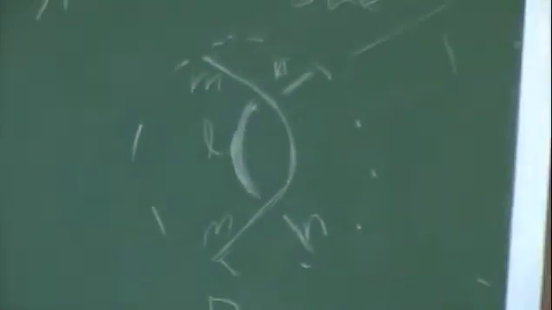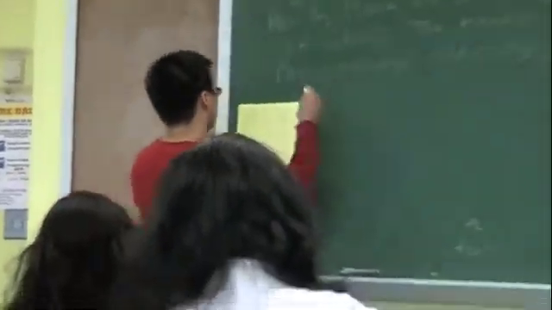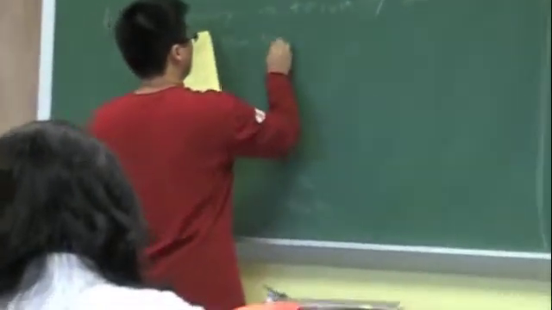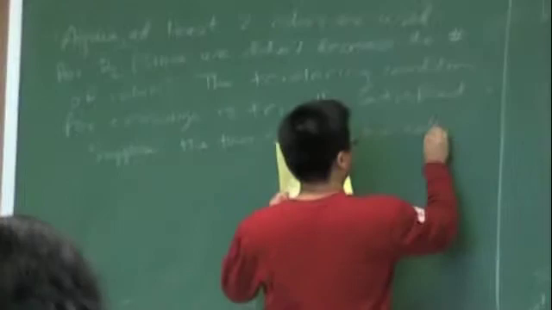At some point you realize while doing this that all the choices are sort of forced to some extent. And if it doesn't work, you're screwed. And if it works, then you're not. So suppose the two strands are colored differently. I'll make this brief and just say what the answer is.